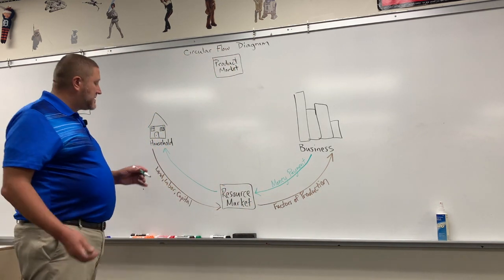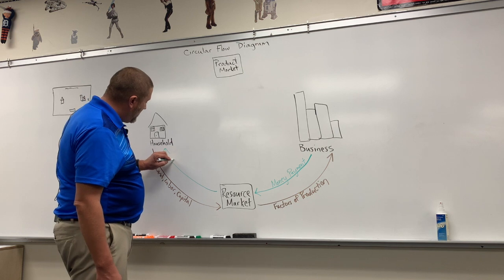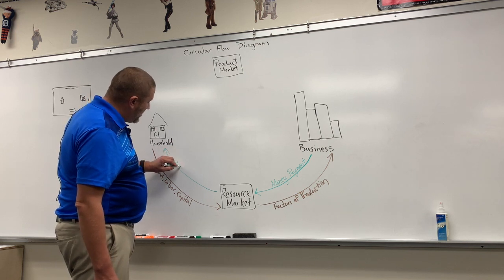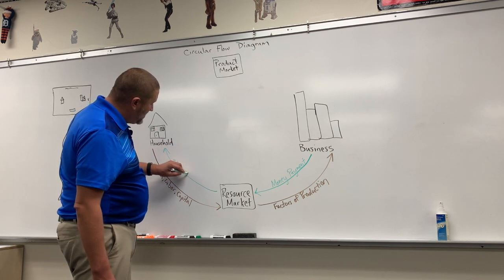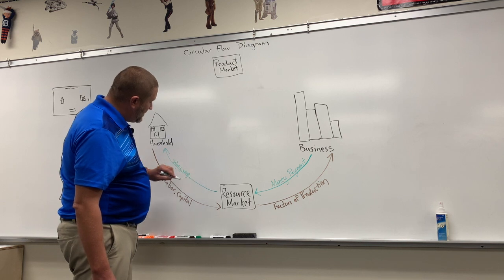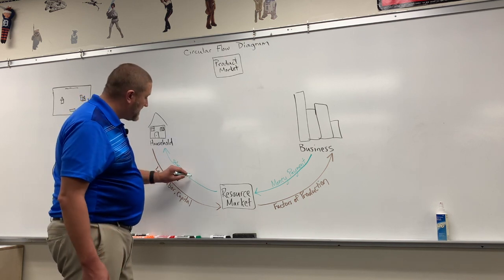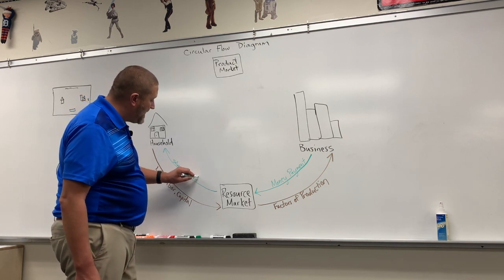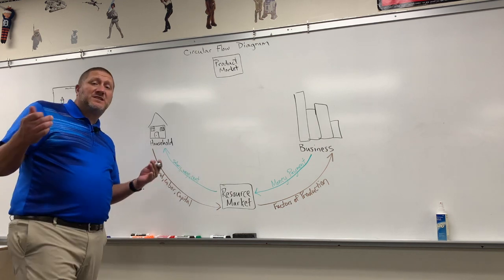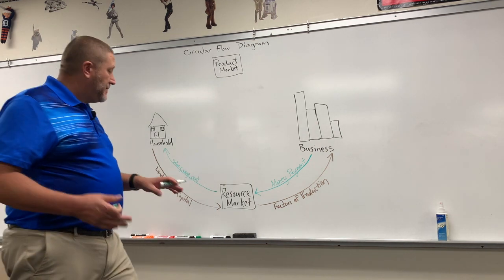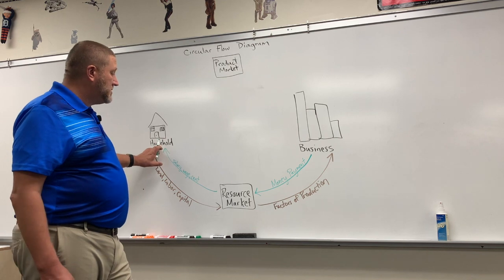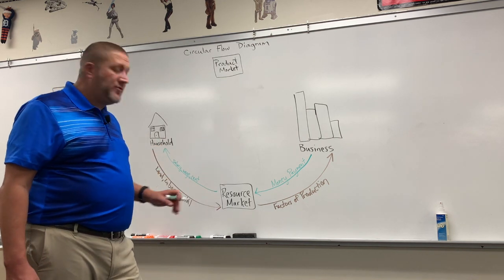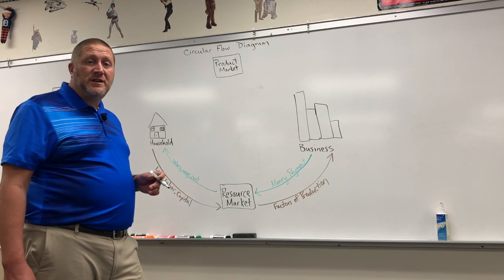Those money payments are going to be in the form of a salary, a wage, possibly rent for location. They're going to be paying some sort of money to the households for providing the resources.